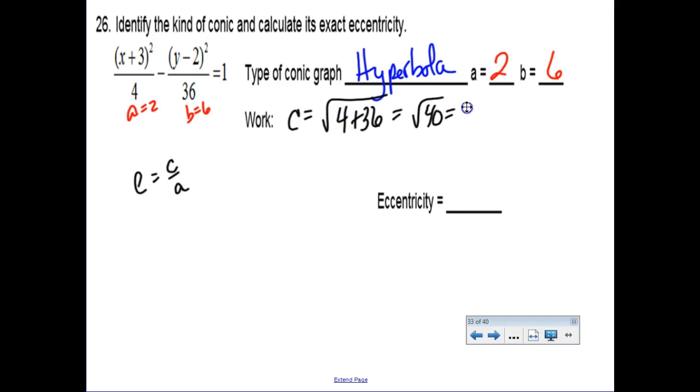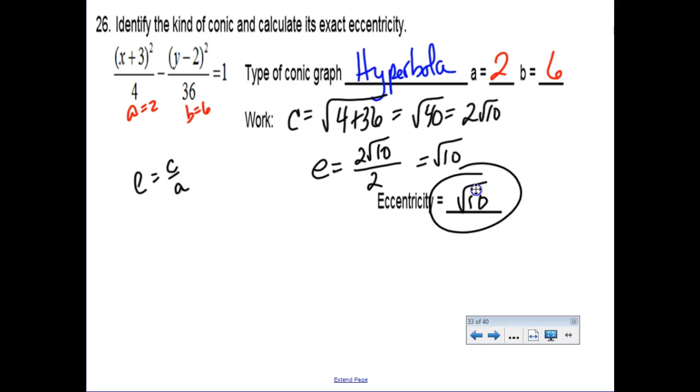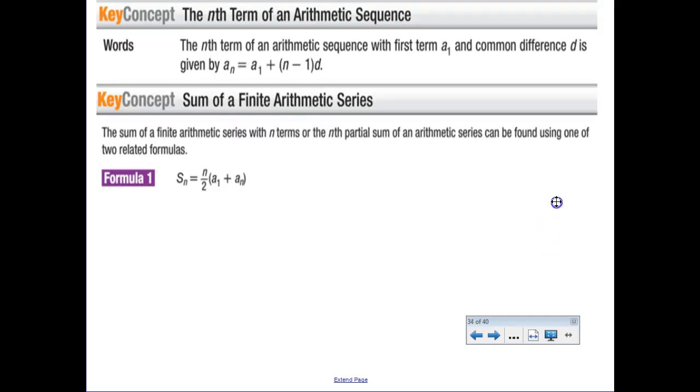So 2 square roots of 10. So the eccentricity is 2 square roots of 10 over a, which is 2. The 2's would cancel, and you get the square root of 10. I really prefer that you guys just leave it as a radical like that. If you write the decimal, that's okay, but obviously the square root of 10 is greater than 1, so I feel like we did something right.